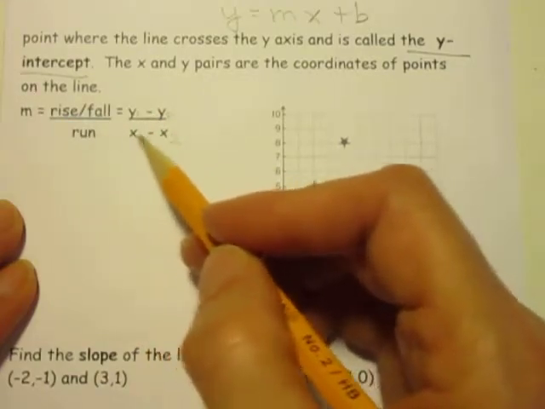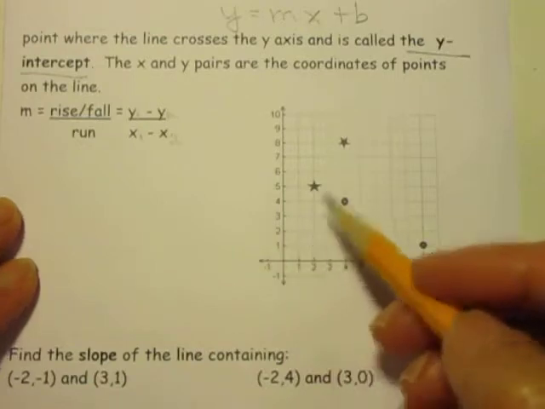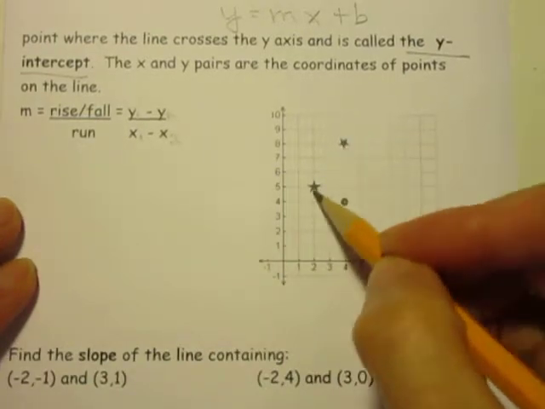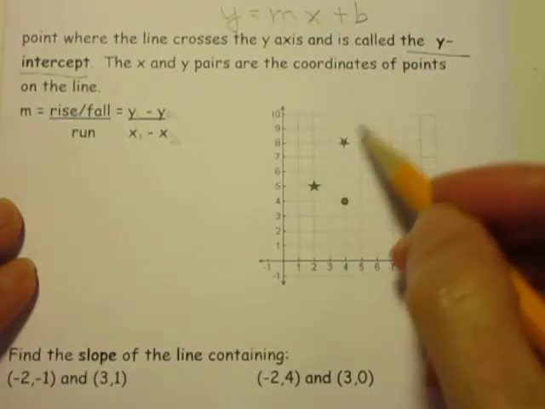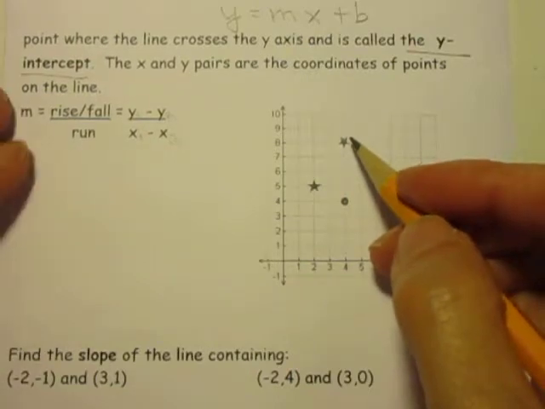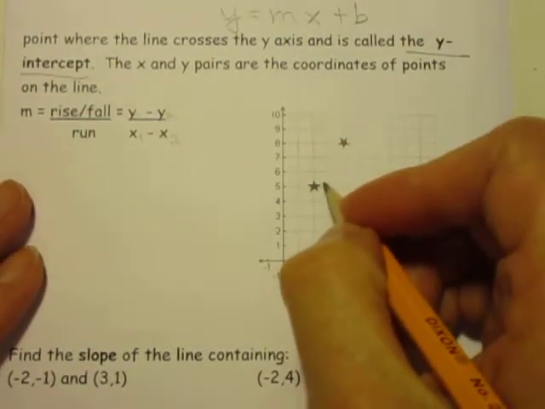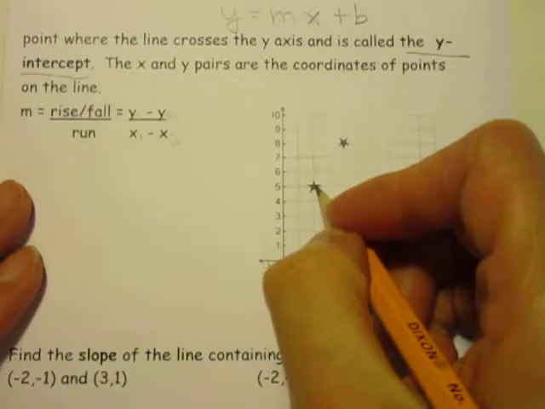And then the run is the change in x. That's your horizontal difference. And so I'm going to look at these 2 points here, the star points, and then we're also going to look at the dots here, and we're going to look at these as points on a line. In fact, I probably could connect those, but before I get doctoring up this diagram, let's just review practicing identifying these points.